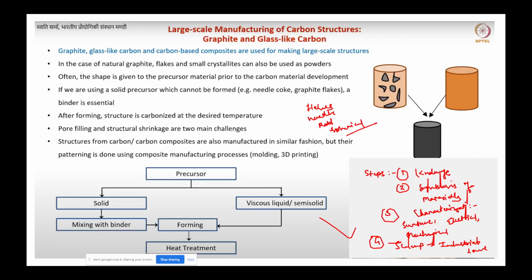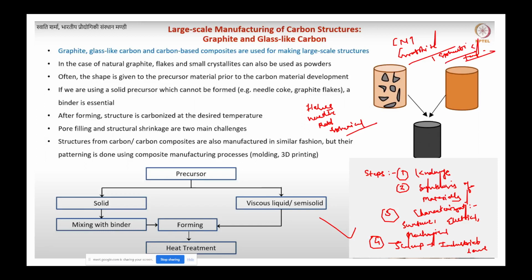The structure is carbonized at the desired temperature. I have taught you what carbonization is. For every material, let's say CNT or graphite, every material has certain specific temperatures where the carbonization process will take place.